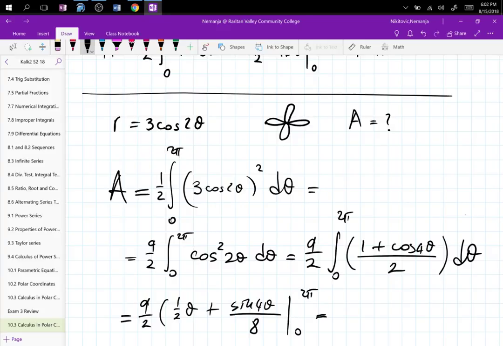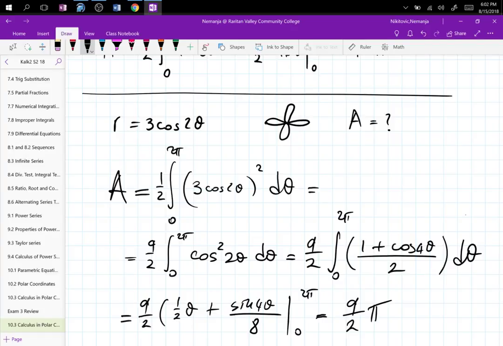Because that 4 is going to use the u sub, so it comes out as over 4, and you already have over 2, so that's over 8. So now, sine will die at 0 and 2 pi, so you are left with 9/2 pi as the area of the entire thing.